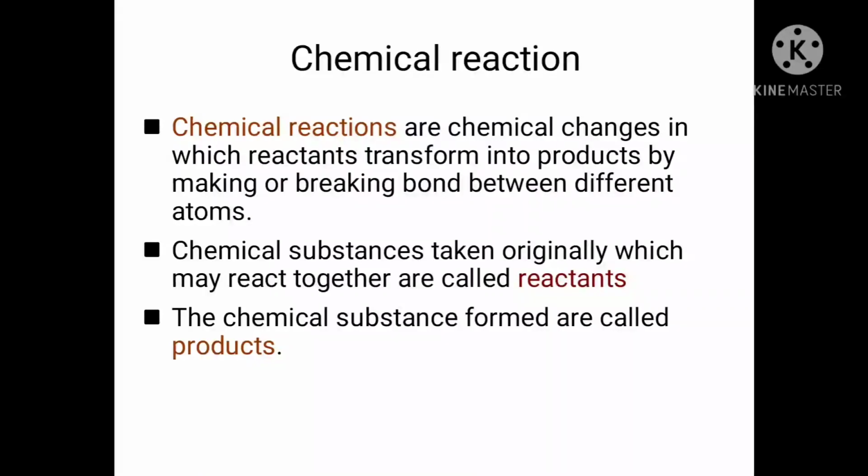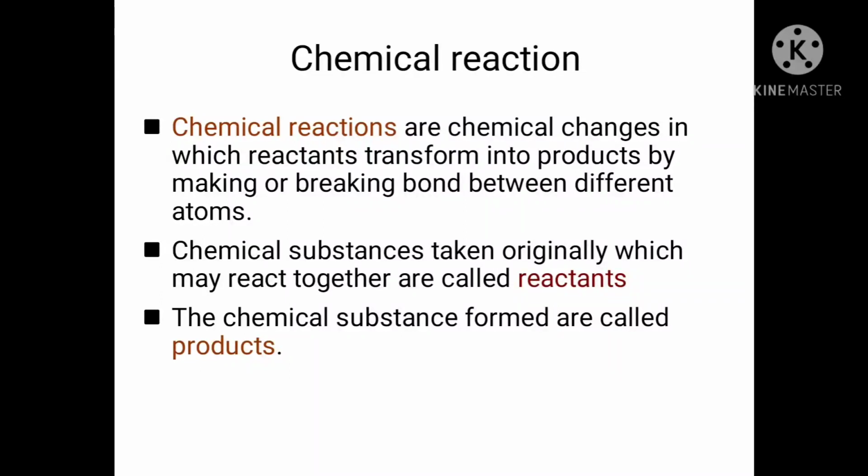During a chemical reaction, bond breaking or bond making of reactants takes place. Chemical substances taken originally which may react together are called reactants. The chemical substances formed are called products.